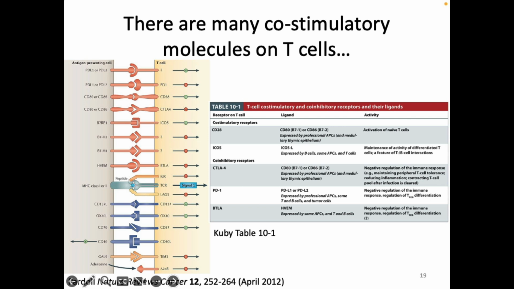The idea is that some of these signals help turn the T cell on, while other signals help turn the T cell off. And these two that I want to mention to you, CTLA4 and PD1, are both inhibitory receptors. They both can turn the T cell off.